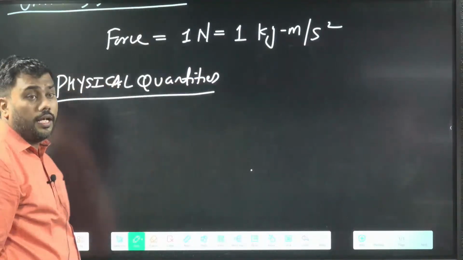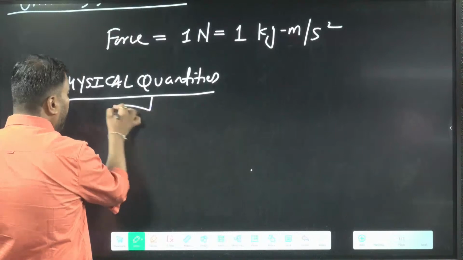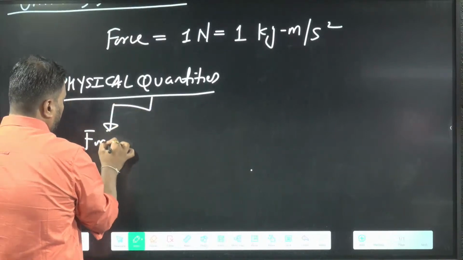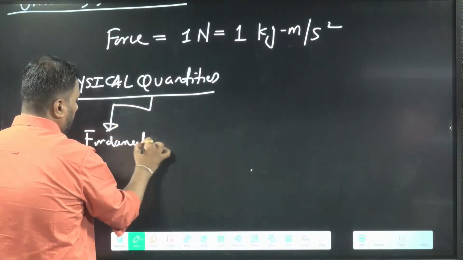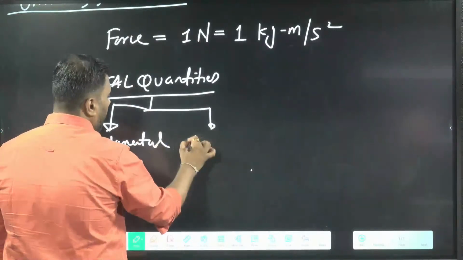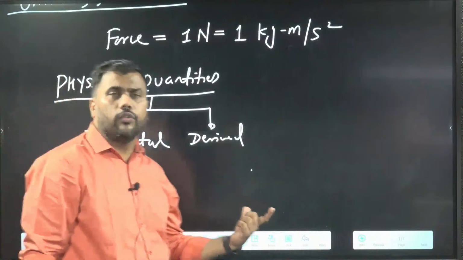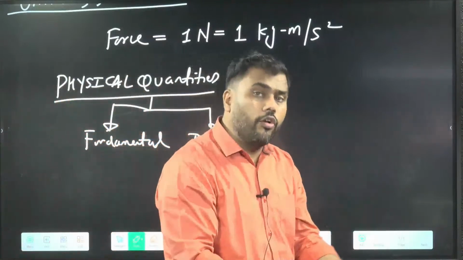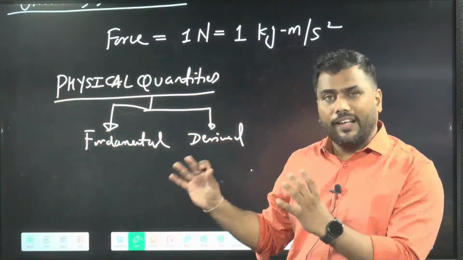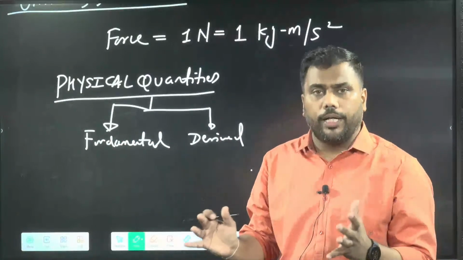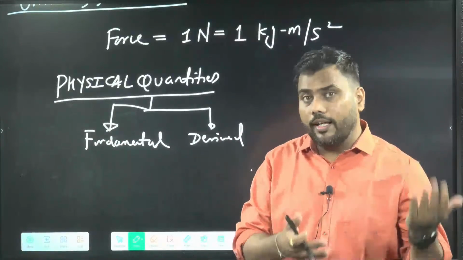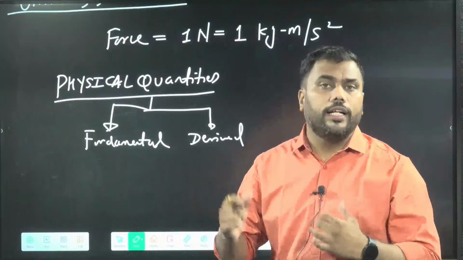Physical quantities are of 2 types: fundamental and derived. Fundamental physical quantities are those which are not dependent on other physical quantities. Their definition is itself complete. They do not depend on any other physical quantity for their definition.